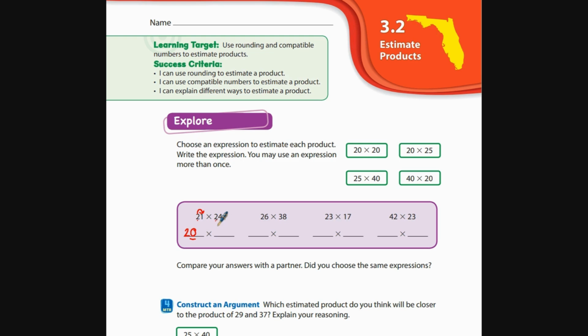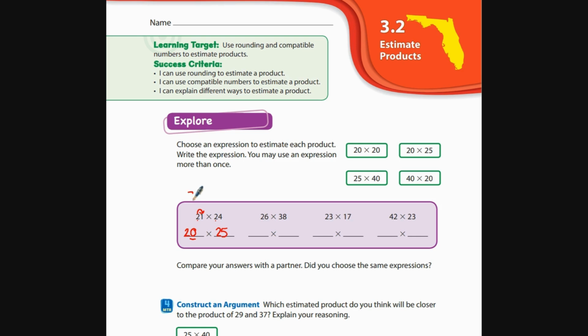If it is close to its multiple of 5, then you would round it to its multiple of 5. So 24 is close to 25. That's it. So 24 is close to 25. So I could say 20 times 25. Now, don't get it wrong.